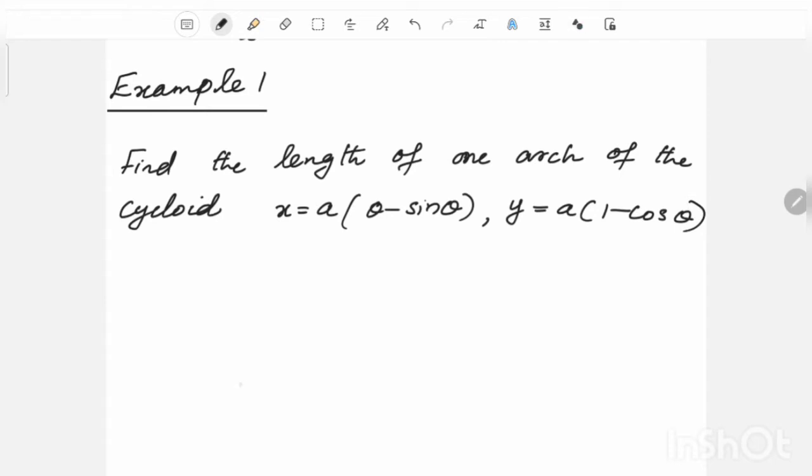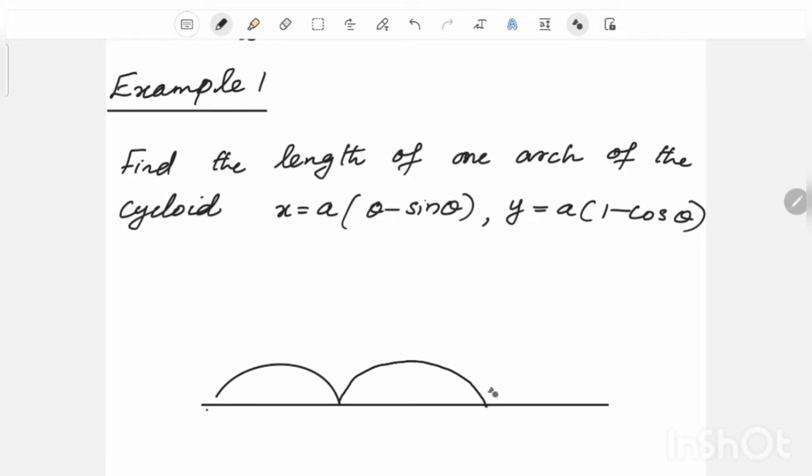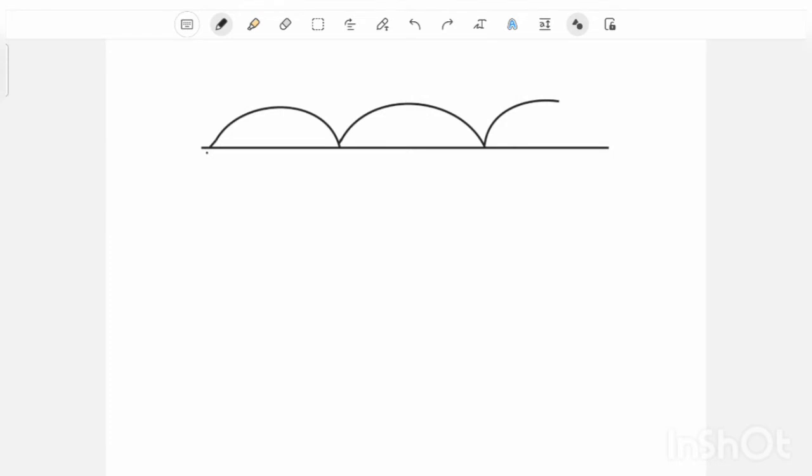Our cycloid is like this. Here, one arch of the cycloid is traced out by letting theta run from 0 to 2 pi.